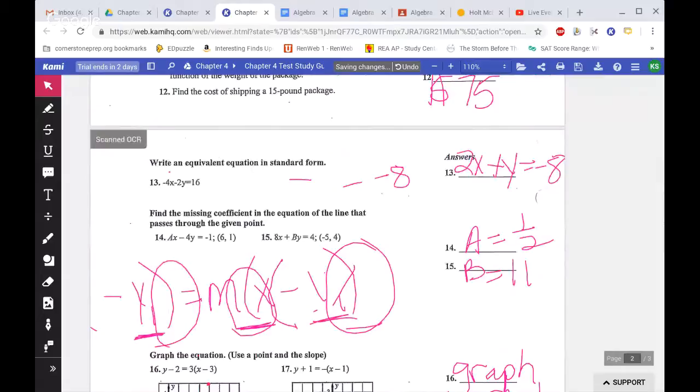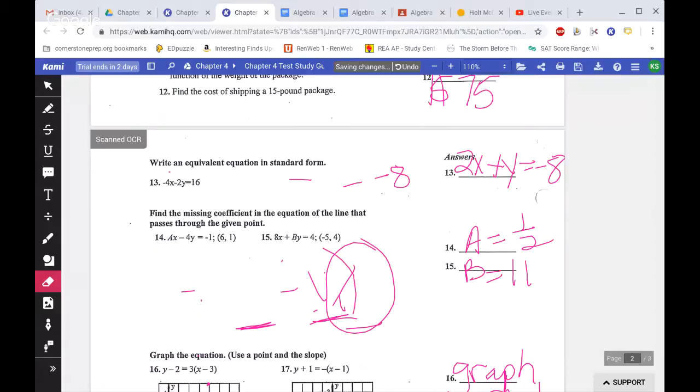Because remember, that's one of the major goals of finding an equivalent equation: to get rid of fractions and negatives on that leading coefficient. So if you multiplied this whole thing by a -1 and you just got 4x plus 2y equals -16, that would be a great answer as well. Does that make sense?